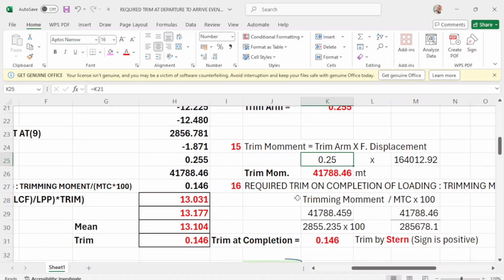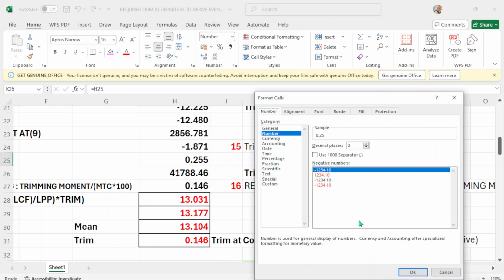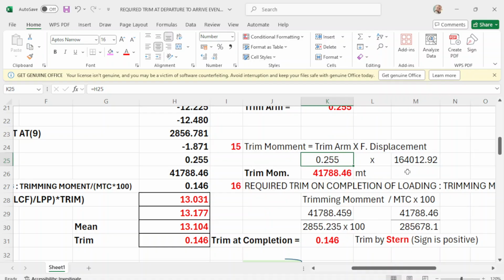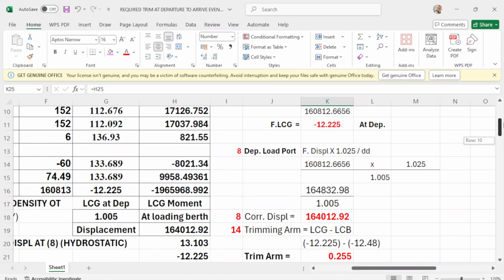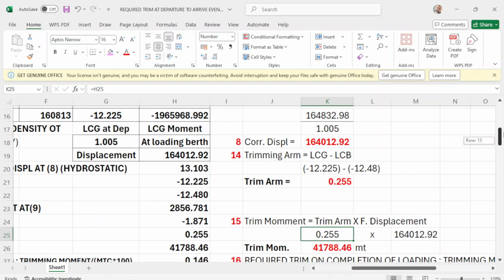Okay, put this equals, click this one. We want to make it more familiar. Times your displacement of 164.01292, which is this one.